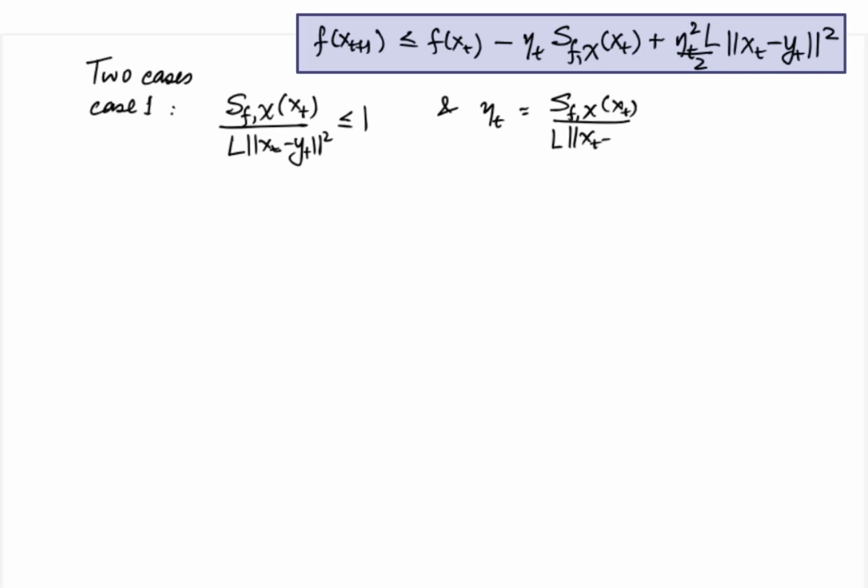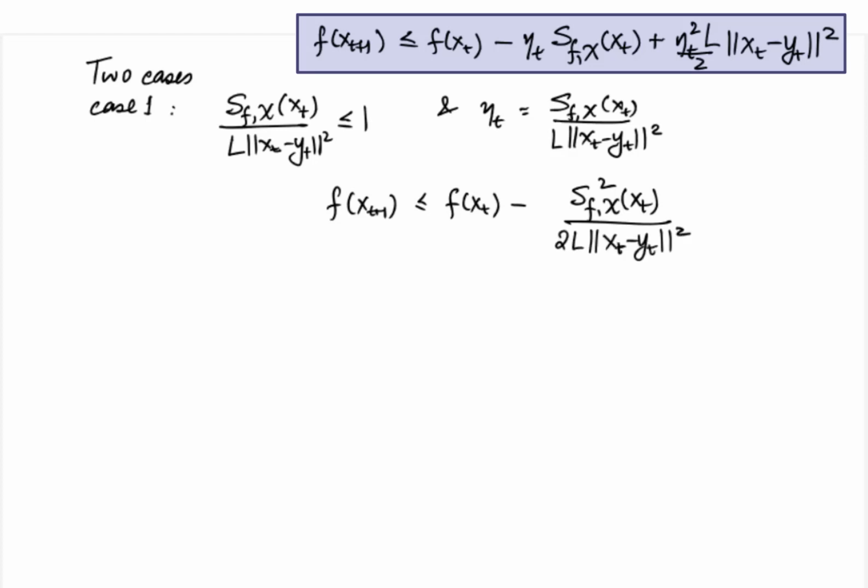So we can substitute this value of eta t and simplify so as to obtain f of xt plus 1 less than or equal to f of xt minus s of xt whole square divided by 2L norm square of xt minus yt.